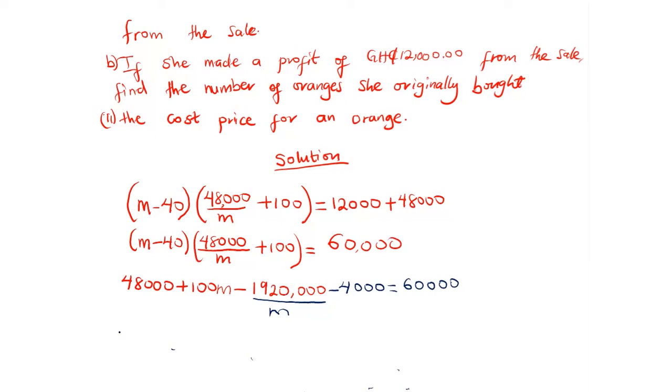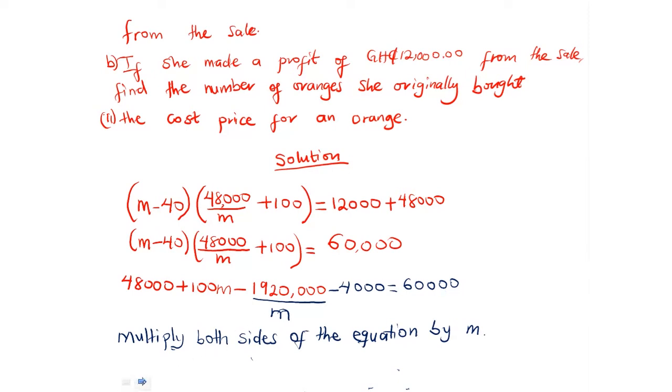We can simply multiply through by M, so multiply both sides of the equation by M. We are multiplying each term by M to slash off our fraction.